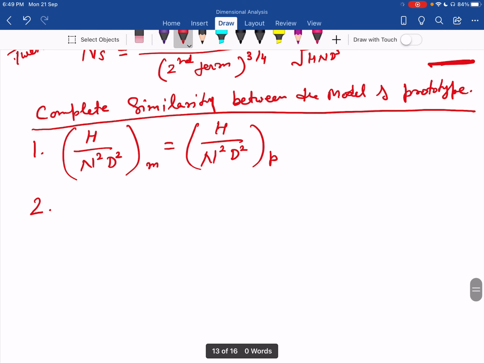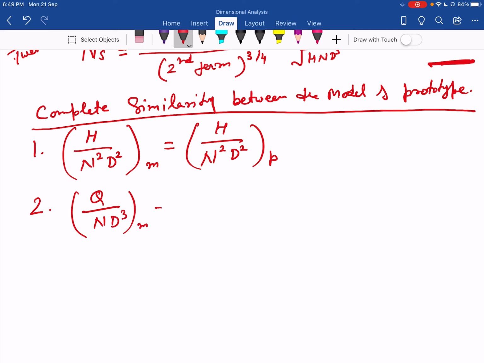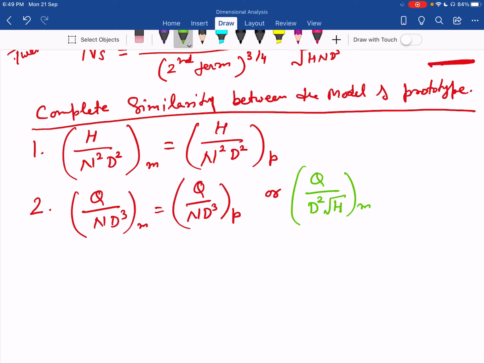So I can write q upon n d cube for model is equal to q upon n d cube for prototype, or q upon d square under root of h for model equal to q upon d square under root of h for prototype.